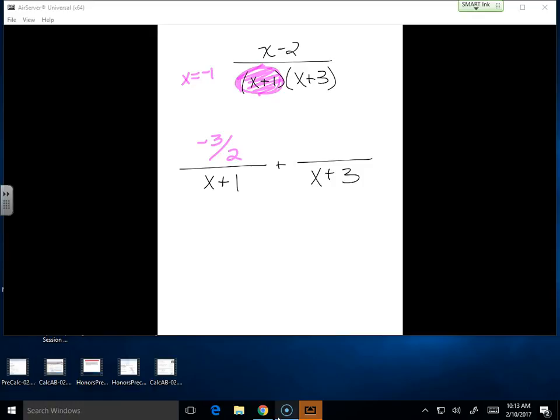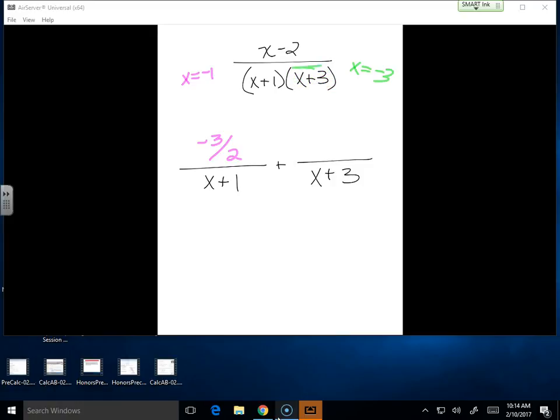So what am I going to do for the x plus 3? Plug in -3 everywhere. I'm going to choose a different color. Cover the x plus 3. You could cover it with your thumb and not have to scribble it out and then erase it.